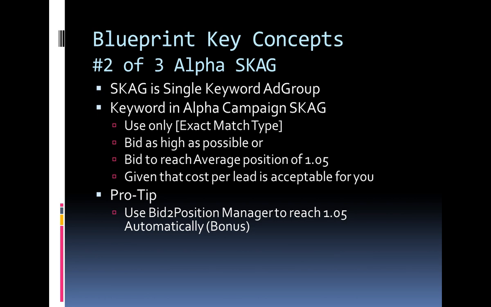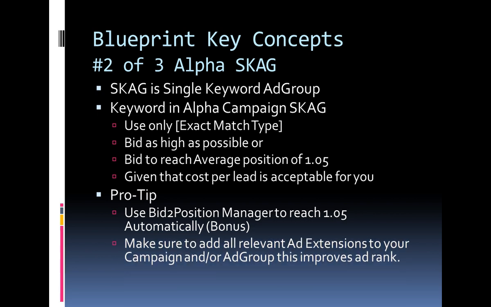Our automation, the bid to position manager, is set up so that it's easy for you to see what keywords have automation, as well as what position you would like your keywords to reach, right? But by all means, you can just use Google's automated rules. The bid to position manager just uses a label so that you can show your label when you're viewing your account, right?